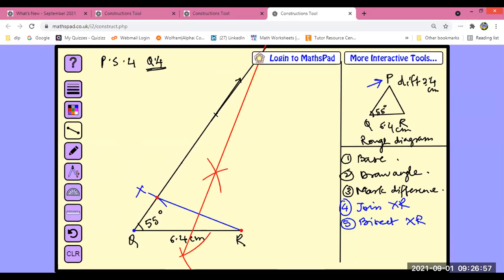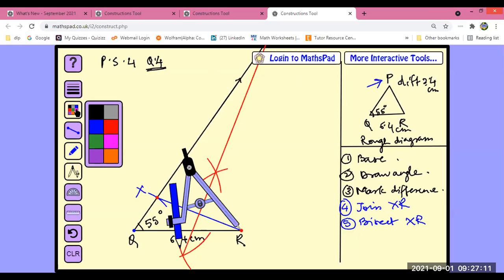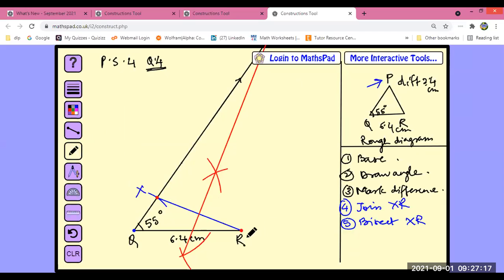You should see it will meet at some point. Now for me, you can see it is out of the box. But still it will intersect at some place, and that's how you should be doing it. So join that point to the point R. That point is point P.